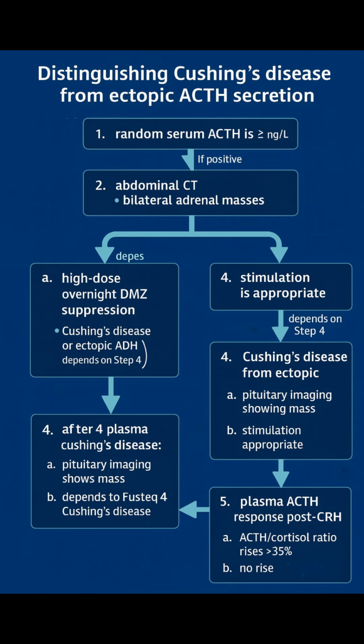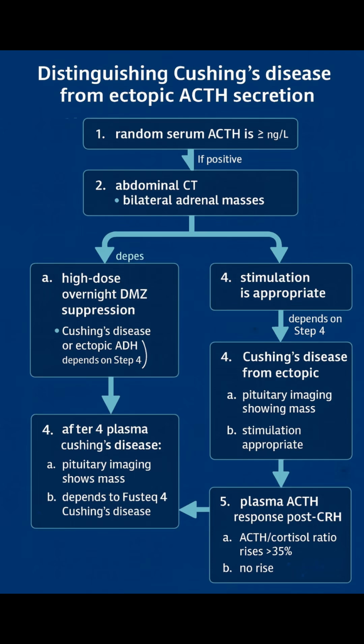Another thing you need to know is that a baseline inferior petrosal sinus ACTH to peripheral ACTH ratio of more than 1.4 to 1 is consistent with primary Cushing disease. So let's suppose in the left inferior petrosal sinus, the ACTH level was 1.4 times the baseline which you saw in the periphery. Then it means that this is the side where the Cushing disease is present.